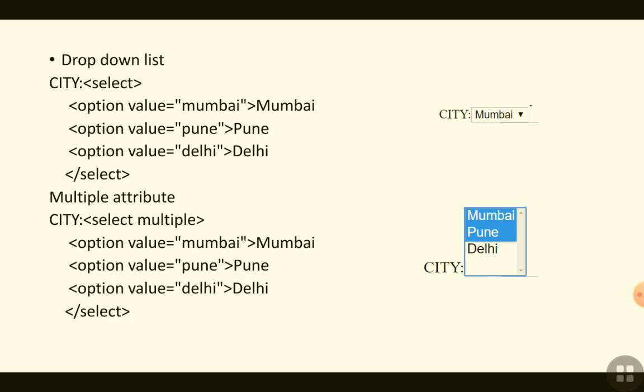Then if you write only select, the user can select only one option from the drop down list. If you want the user to select multiple options, you can use the multiple attribute. See the second code, city. Here I have written select multiple. The multiple attribute is used when you want the user to select more than one option.